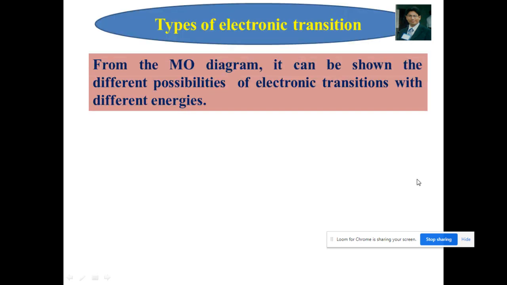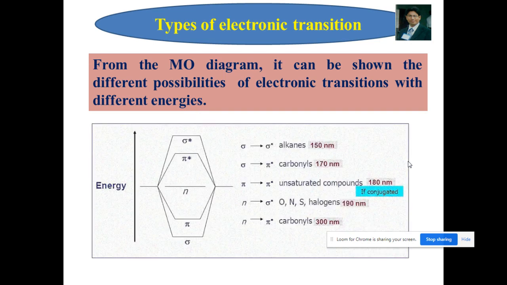Types of electronic transitions we have already seen in our previous picture. From the molecular orbital diagram, it can be shown the different possibilities of electronic transition with different energies.